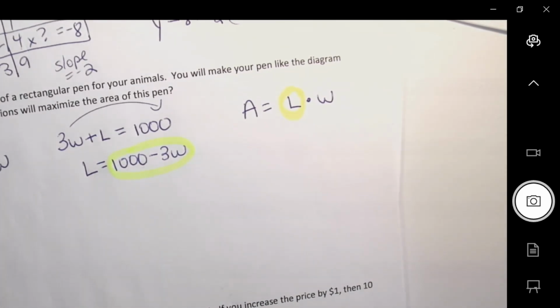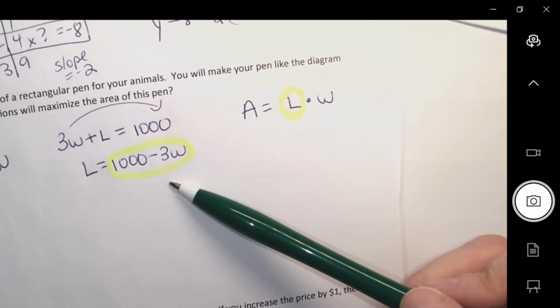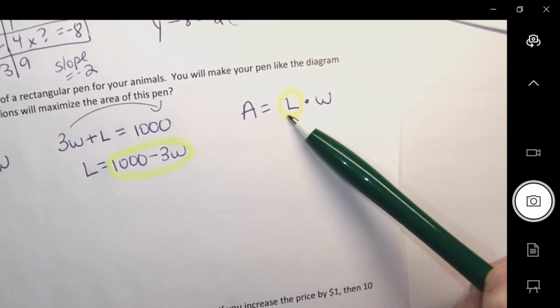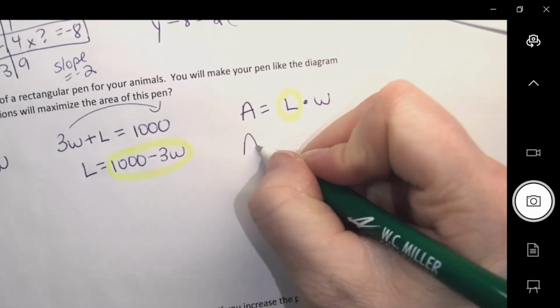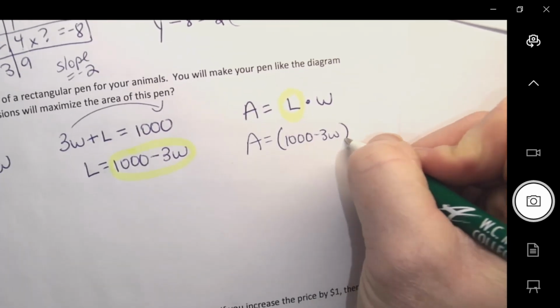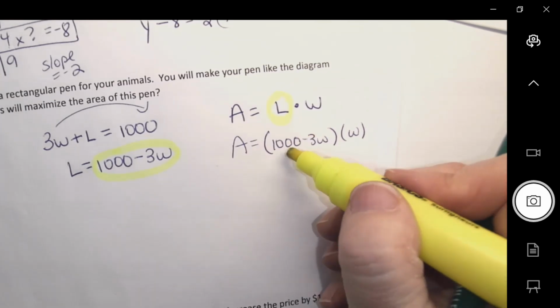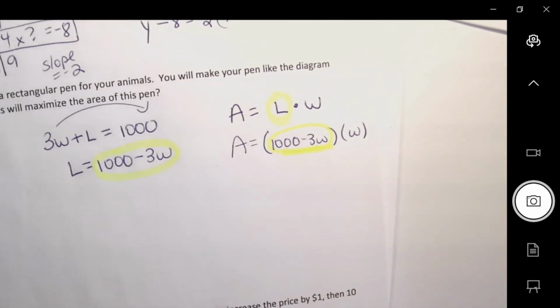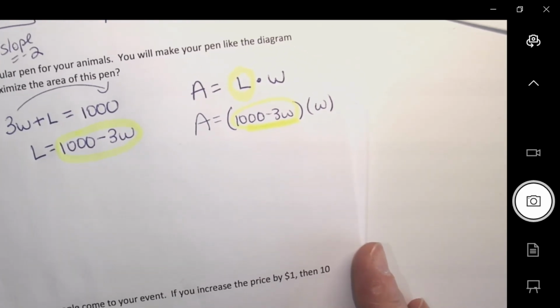Can you now take this, and because it's equal to L, I'm going to replace it. And when I do replacements, I'm going to put some brackets on that. Is that legit in math? Does that make sense to replace something?